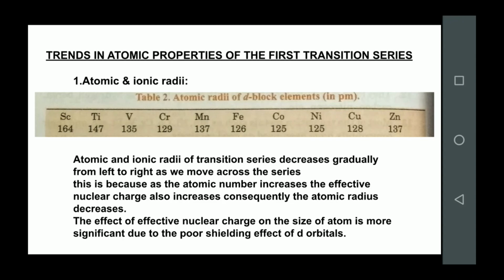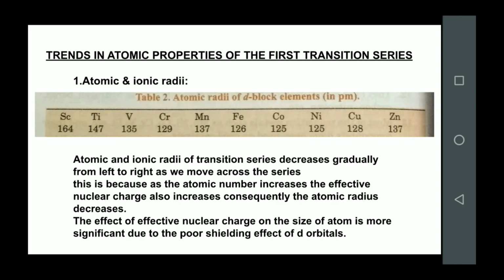Due to this, the effective nuclear charge is compensated by the electron repulsion, and we do not observe a significant decrease in the size of the atoms. This is why we observe almost constant sizes from iron to copper.